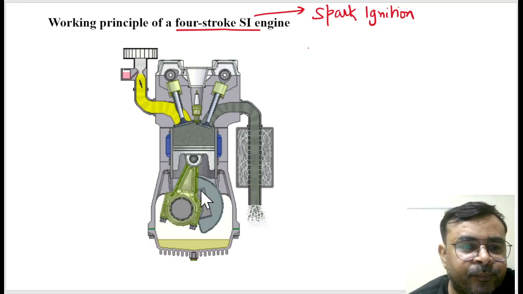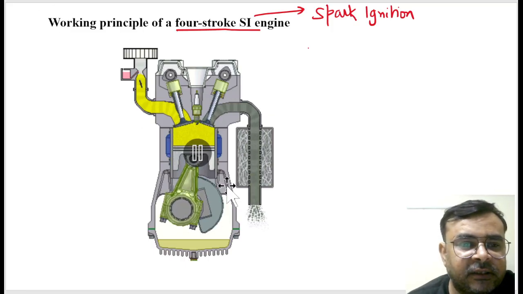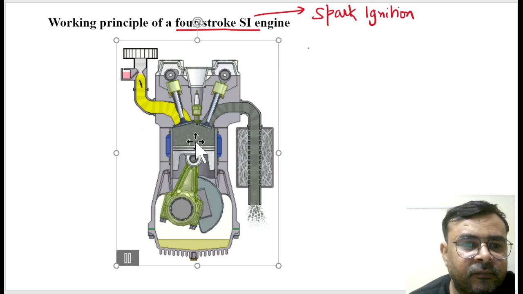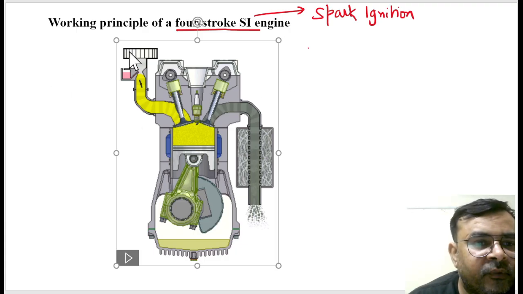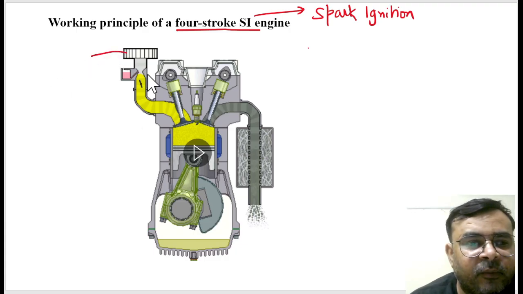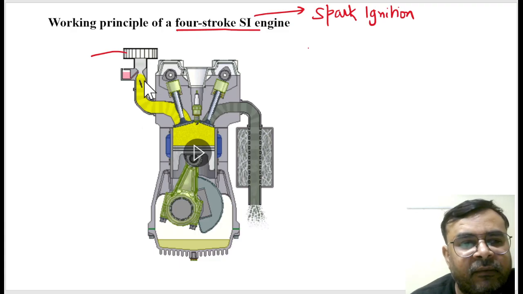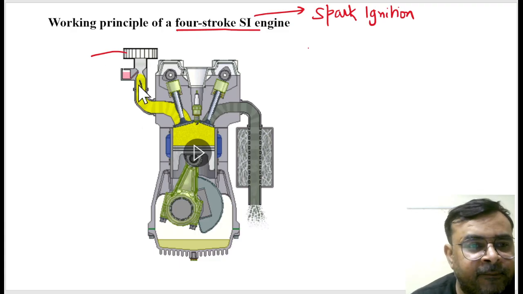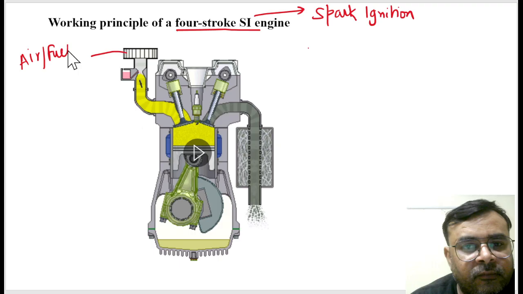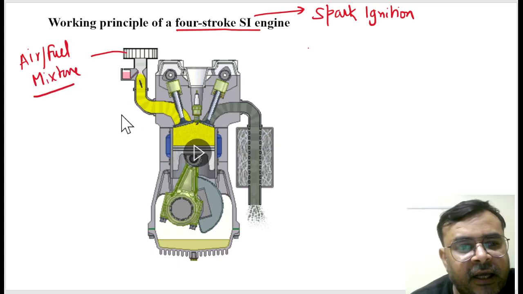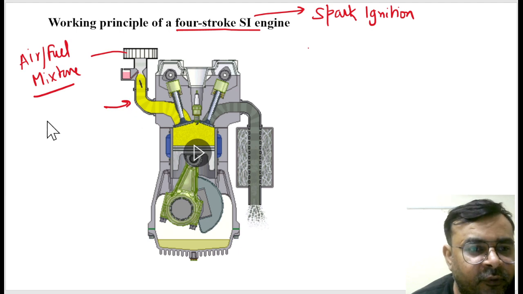Now, if I talk about this diagram, this is a filter, or you can say this is a carburetor, from where the air fuel mixture can enter. Is it right? And this is the inlet manifold.